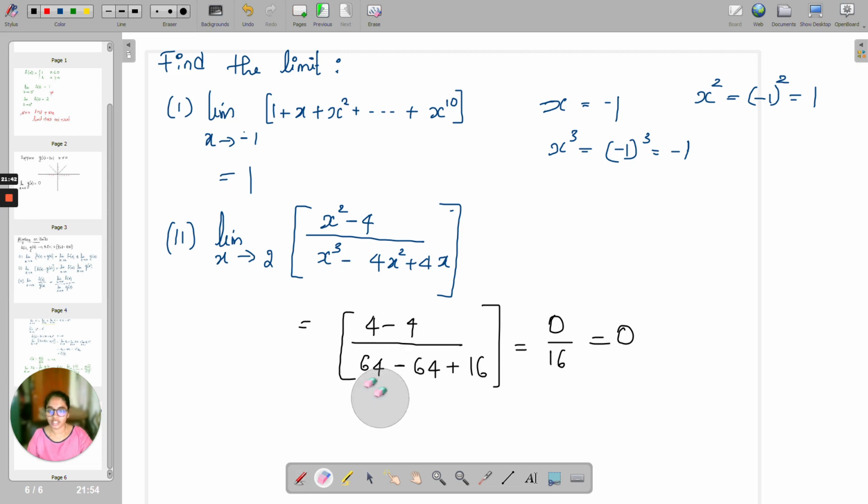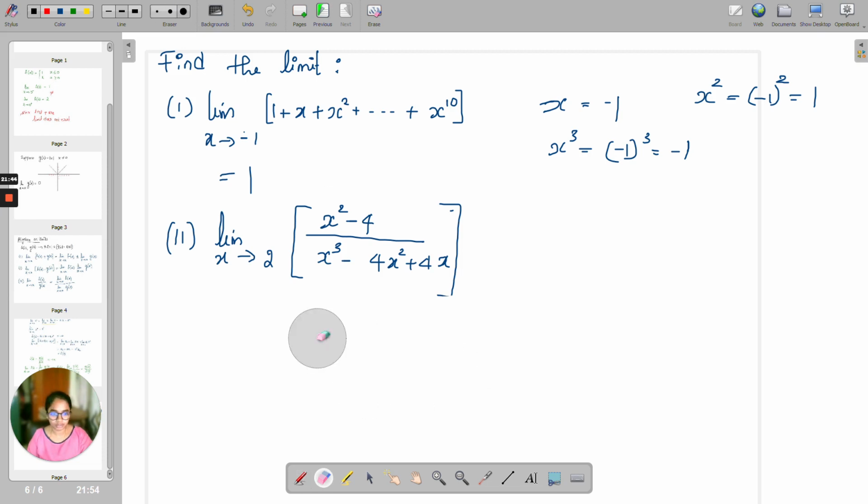Okay, let me solve this again. The limit tends to 2, so in the place of x, I replace it with 2. So I would get 4 minus 4 in the numerator, divided by 2 cube, that is 8, minus 4 into 4, 16, plus 8.